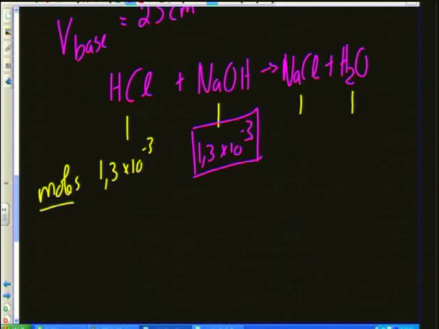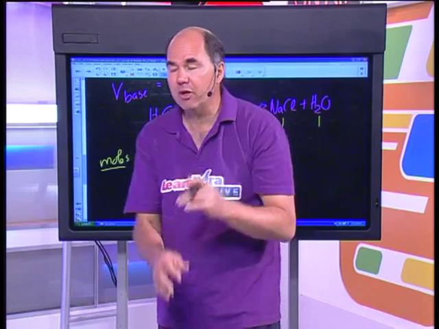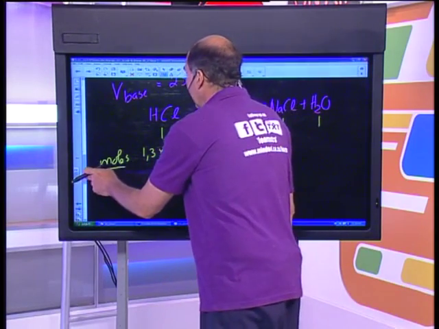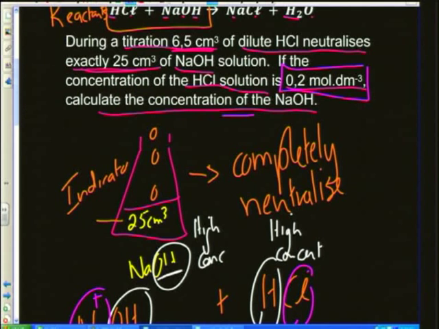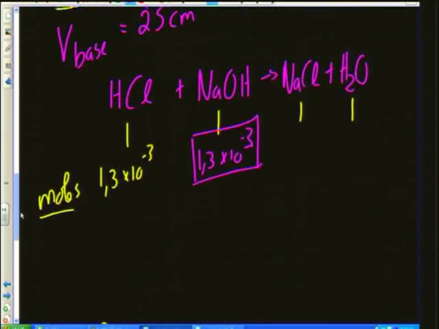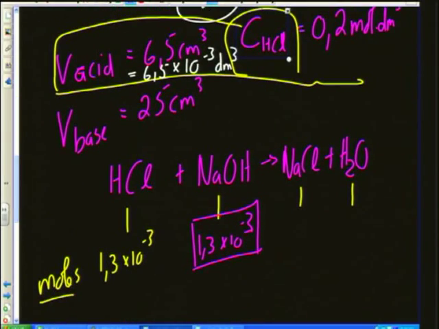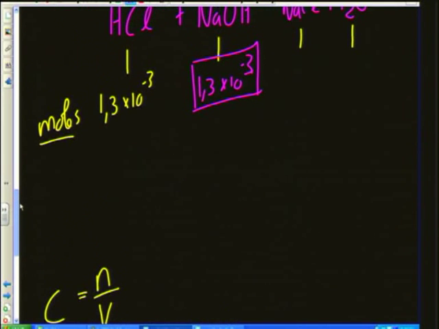So if I know that, remember the original question was, can you calculate the concentration of sodium hydroxide? And we now know the number of moles, and we know the volume. I'm just going to change the volume here to 25 times 10 to the minus 3. And let's now calculate the concentration.